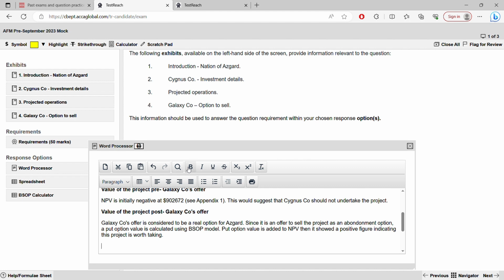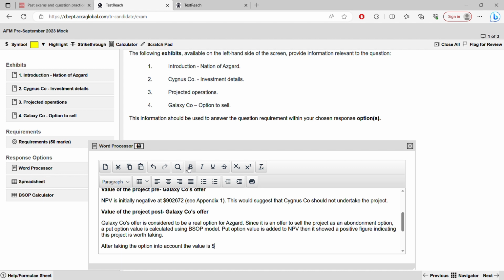Okay. Now, after taking the option into account, the value is dollar. How much? You can copy paste it from your Excel.